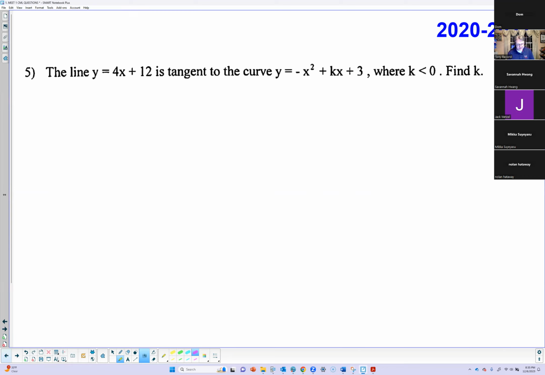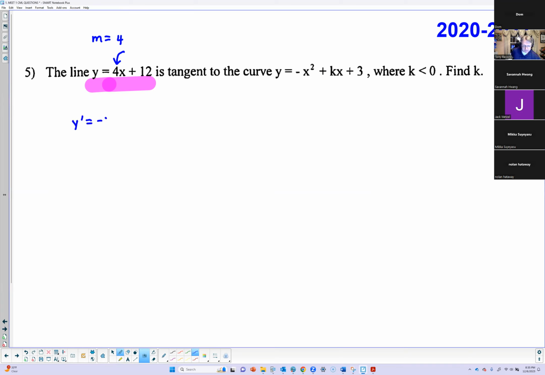Okay, well, if this line right here is tangent, then what does it mean about the slope of that line? That slope would be equal to the derivative.